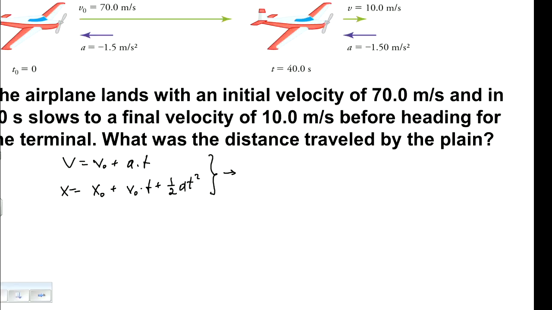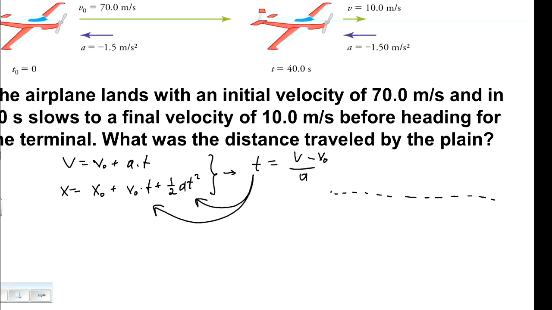So the mathematical exercise is solving the first equation for time and then plugging it into the second equation and working it out. Algebra, algebra, algebra. But as the result, we get a convenient equation which relates final velocity, initial velocity, acceleration, and displacement. This equation has no time anymore in it.